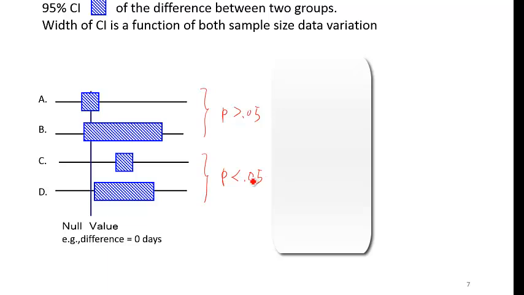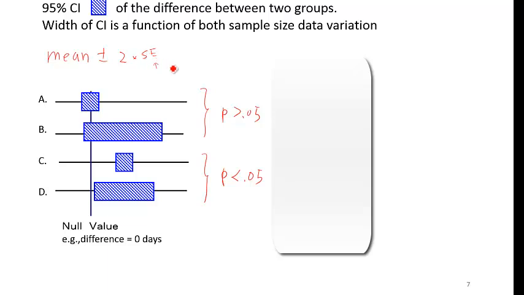Okay? And there is actually a difference between A and B, and also between C and D, although A and B show the same p-value, and C and D also show the same p-value. In A, the confidence interval is very narrow, but it includes 0 because the center value of the confidence interval is 0. So what is the situation when you have a narrow confidence interval? Here's the formula for the confidence interval: mean plus or minus 2 times SE.